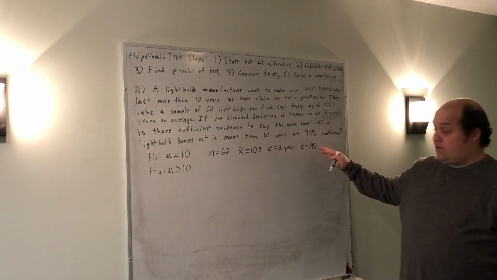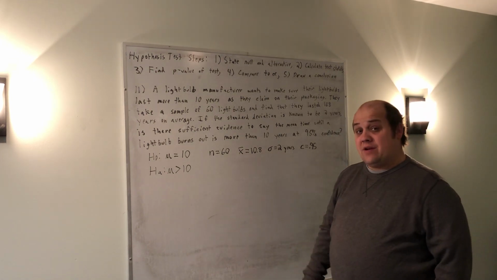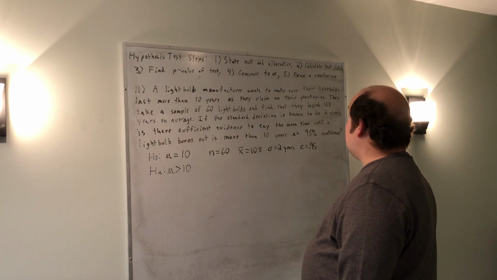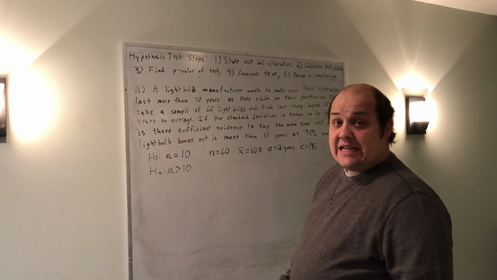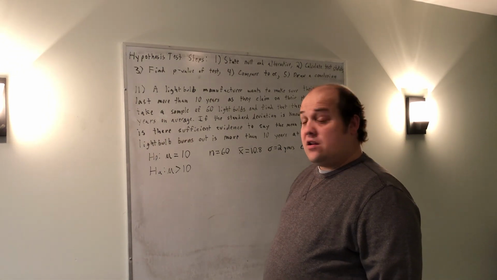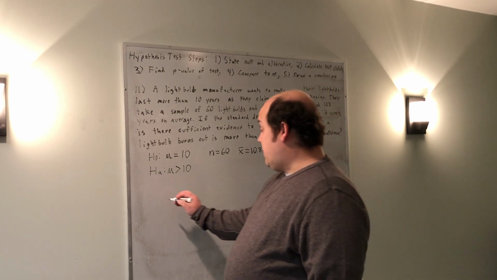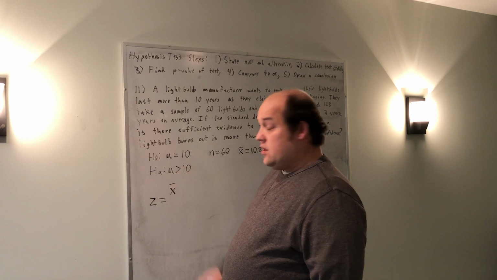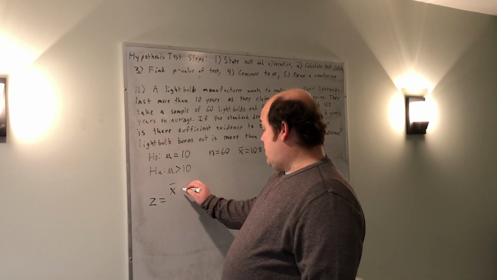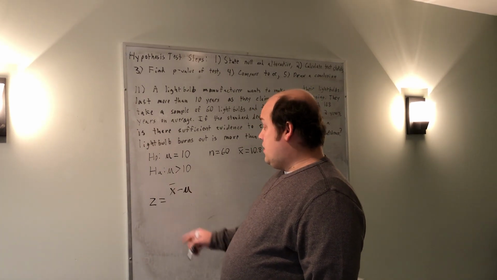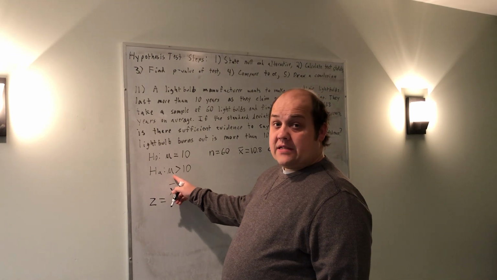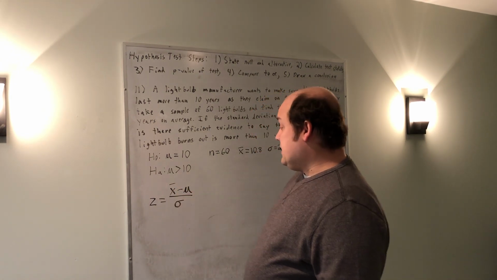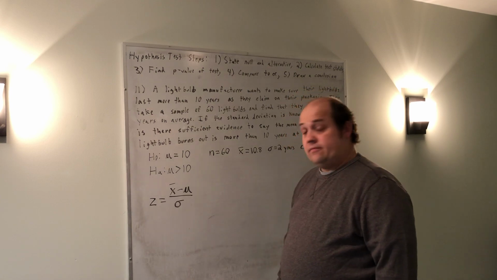If I can pull this information out, that's really what I need to move on and find number 2, the test statistic. The test statistic, in this case for a mean, is going to be a z-score. Specifically, the formula is going to be z equals x bar, the mean that we got from the sample, minus mu, the mean under the null and alternative hypothesis, divided by sigma or s, the standard deviation that was given to us.